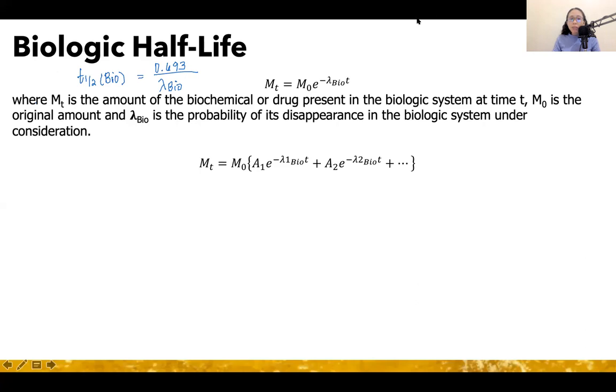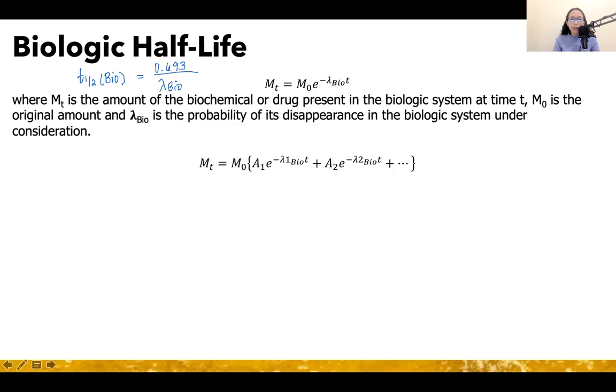Now, sometimes the disappearance of a drug or a chemical in the biological system cannot be simply described by this equation. Sometimes it can be described in terms of a series of exponential terms, like what you can see here.